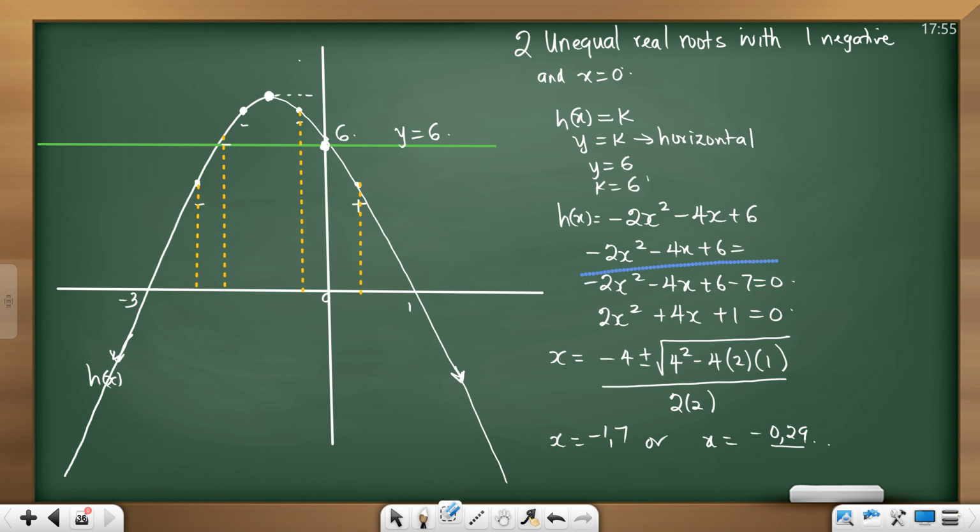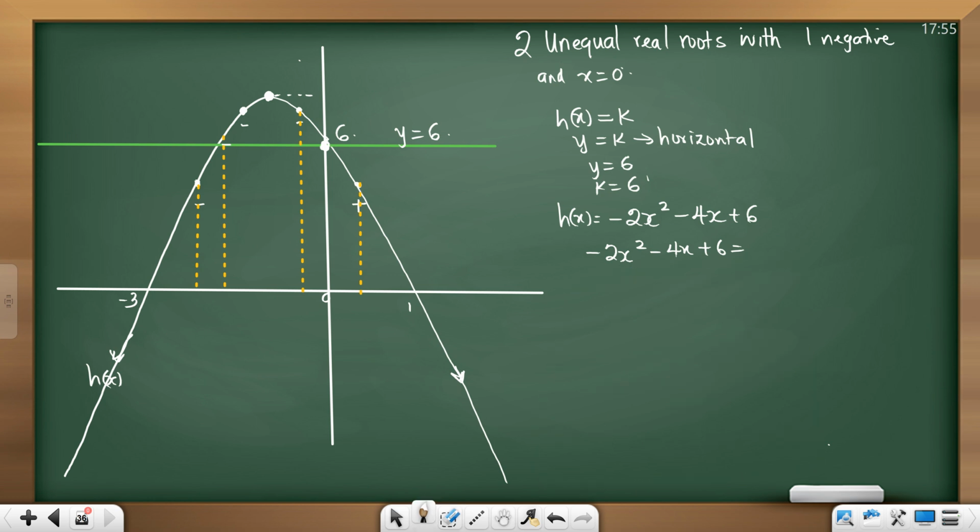Let us therefore say, they said h of x equals to k. I hope you see what I'm doing. h of x equals to k, but I'm saying my k is 6. What do you have? Plus 6 minus 6, minus 4x. 6 minus 6 is 0. Beautiful. We can change the signs. Check this.